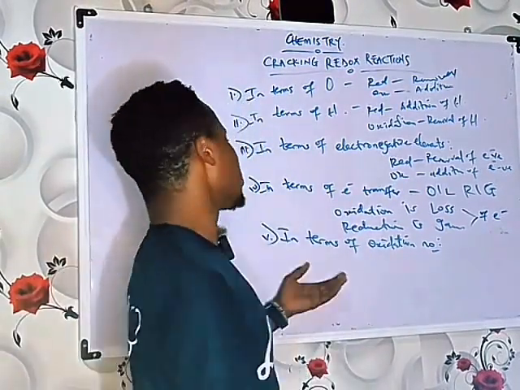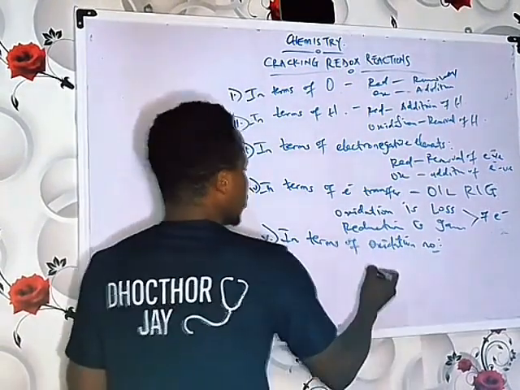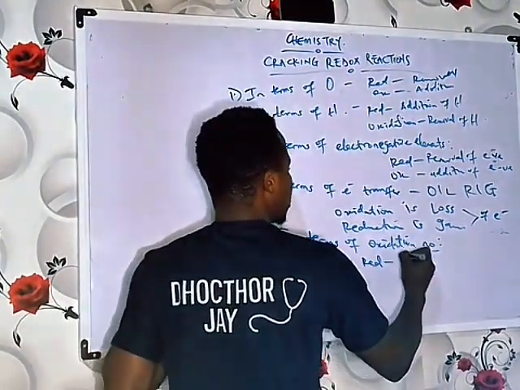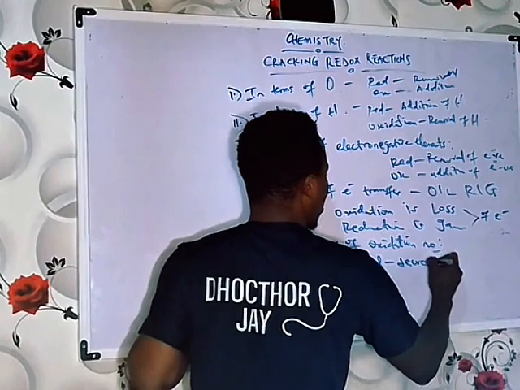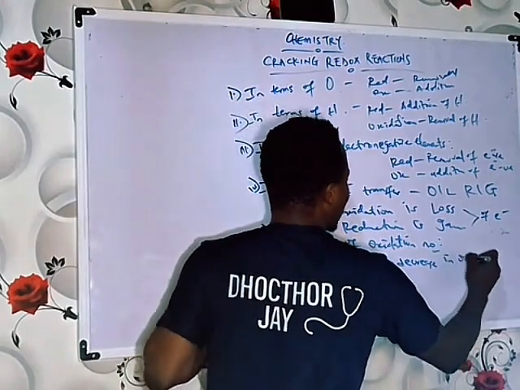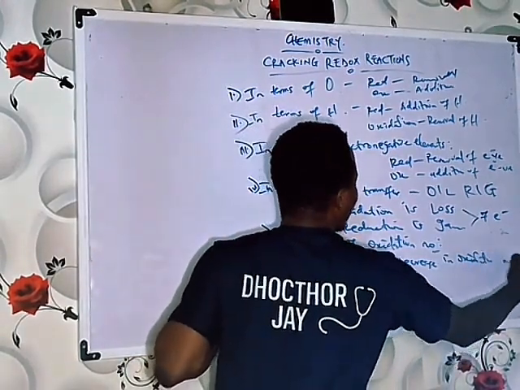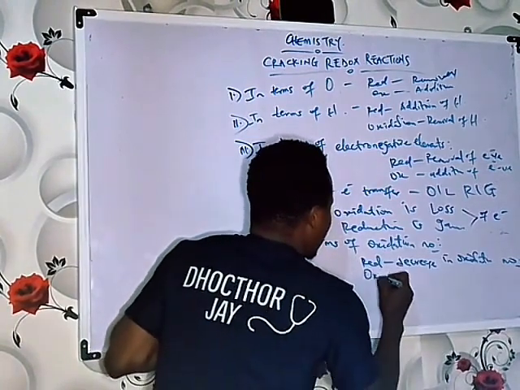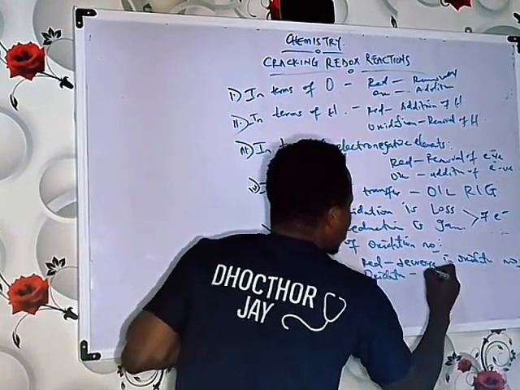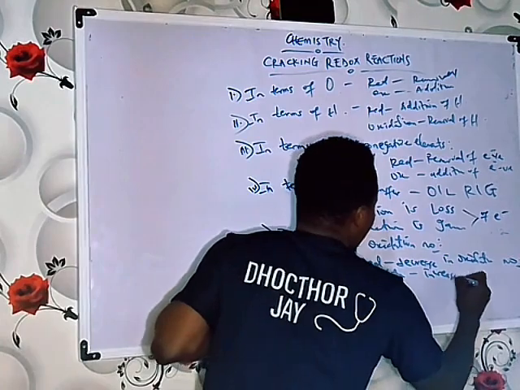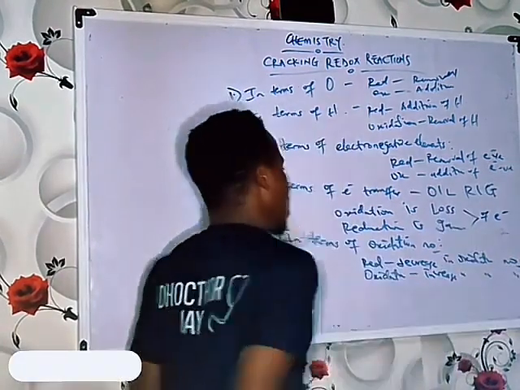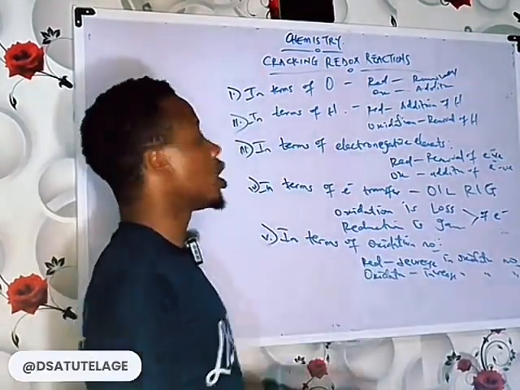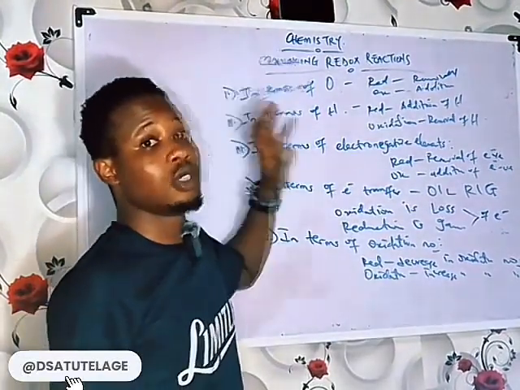So in terms of oxidation number, reduction is decrease in oxidation number, while oxidation is increase in oxidation number.